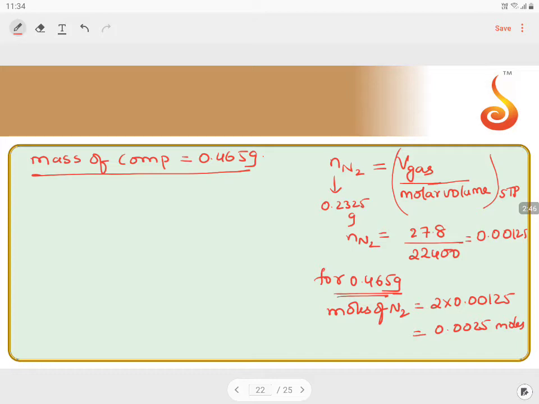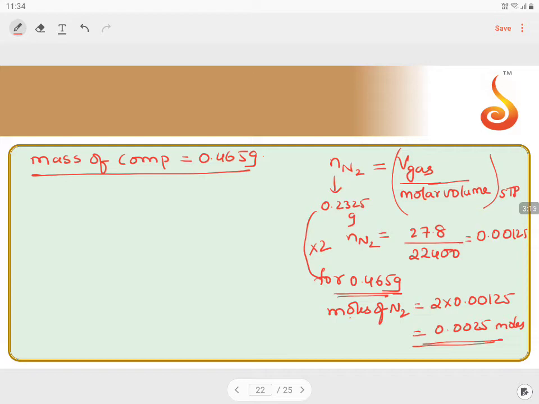Since mass is becoming 2 times, moles also become 2 times. 0.465 is 2 times 0.2325, so the moles also become 2 times the calculation we got with respect to 0.2325. So the number of moles of nitrogen we got is 0.0025.